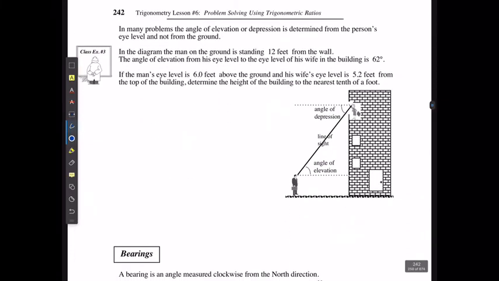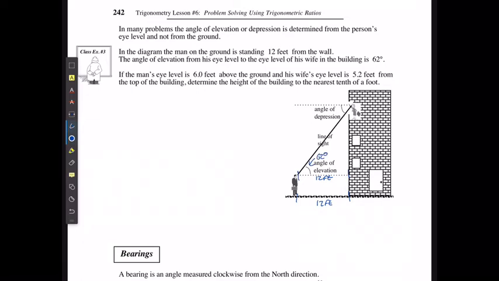For example 3. In many problems, the angle of elevation or depression is determined from a person's eye level and not actually from the ground. In the diagram, the man on the ground is standing 12 feet away from the wall. And the angle of elevation from his eye level to his wife's is going to be 62 degrees.